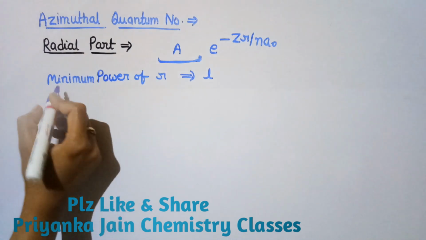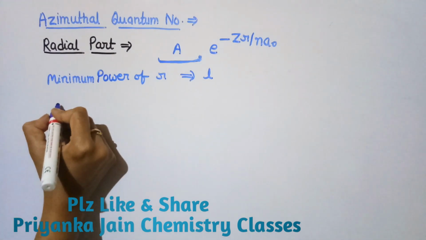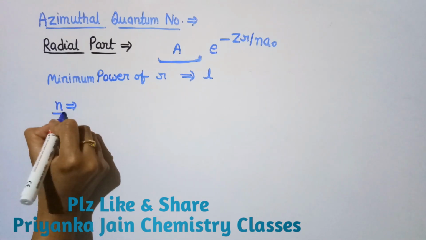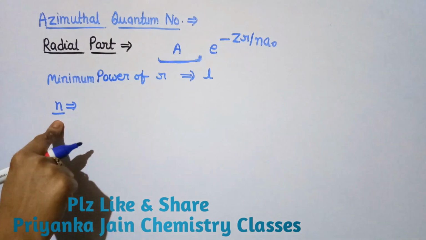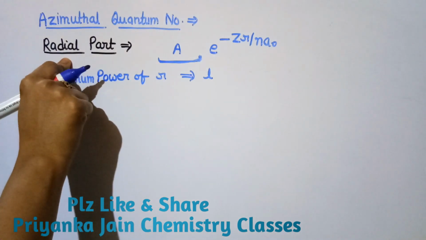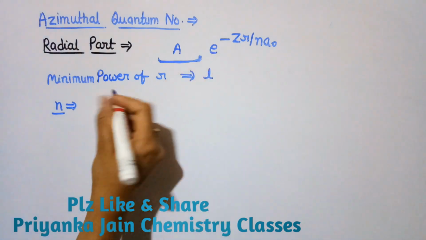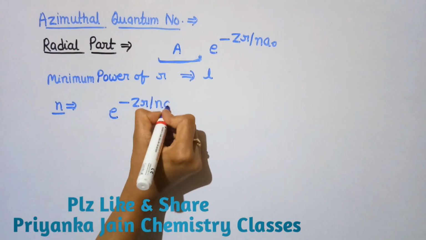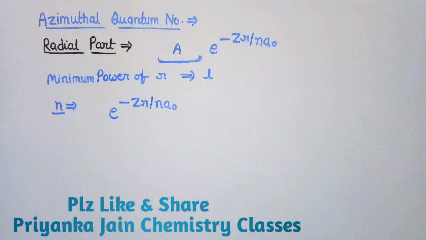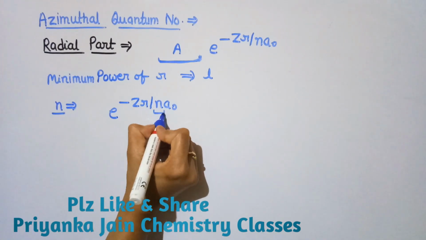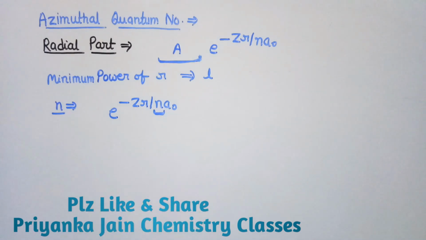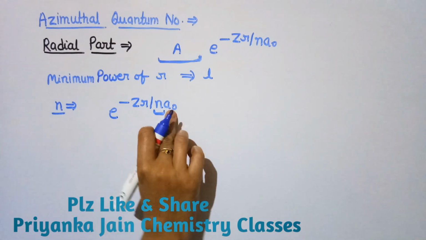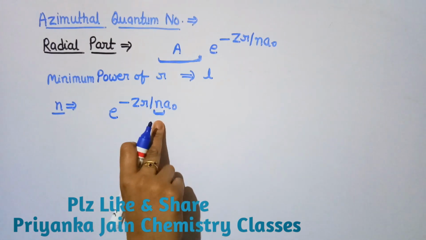Firstly, understand this. Another thing we have to find is the value of the principal quantum number, n. How can we find n? For this also we look at the radial part, and now we have to see the exponential function e to the power minus zr upon n naught. In this function you can see the value of n, so we have to see the denominator, and everything except this n naught will give us the value of n.